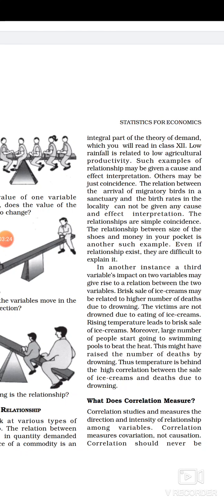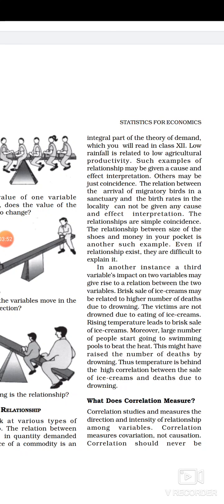The relationship between size of the shoes and money in your pocket is another such example. Even if a relationship exists, it is difficult to explain. In another instance, a third variable impacting two variables may give rise to a relation between the two variables.